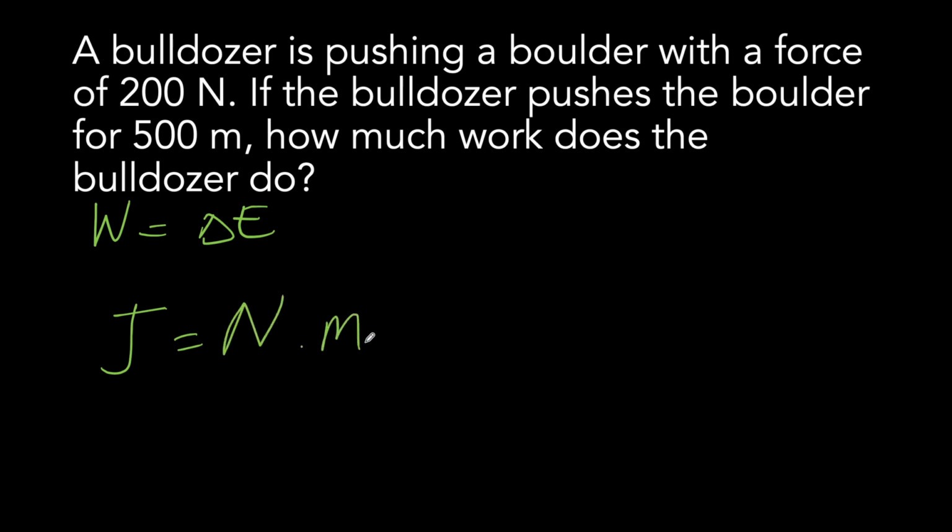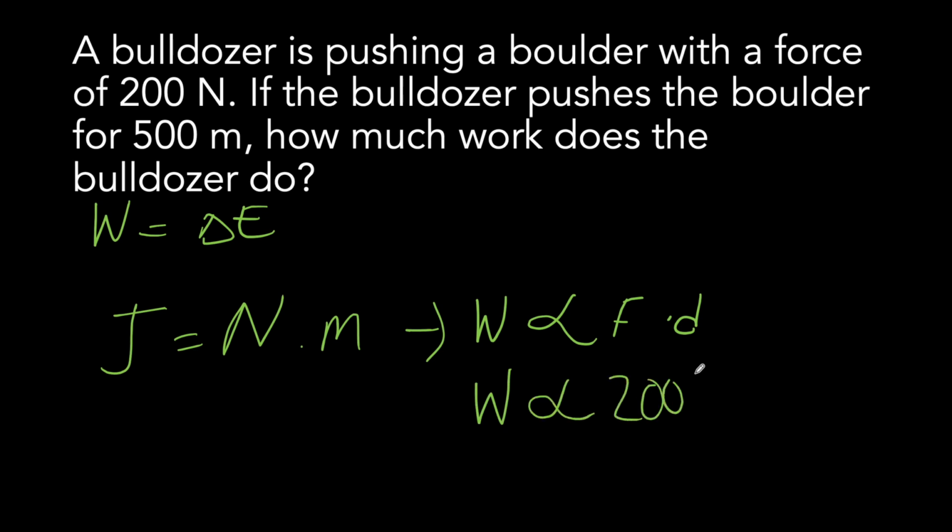Well, now I'm in business because I can make a pretty solid guess that at the very least, work will be proportional to the force times the distance. Now, I might be missing a constant, but at least I have a general sense that the force has to be multiplied by the distance. I might go ahead and say that the work has to be proportional to 200 newtons times 500 meters.